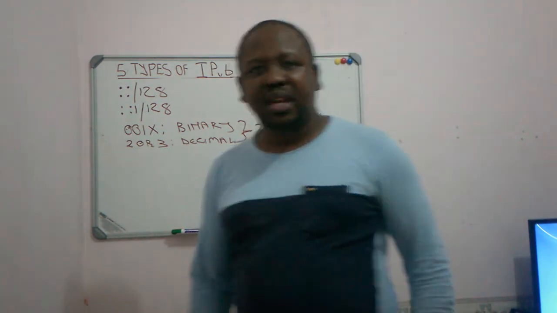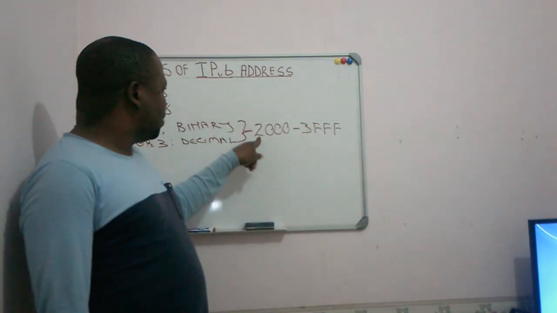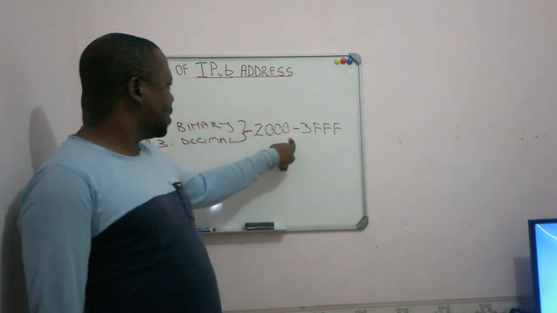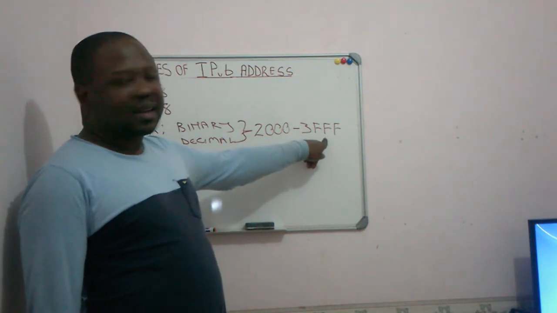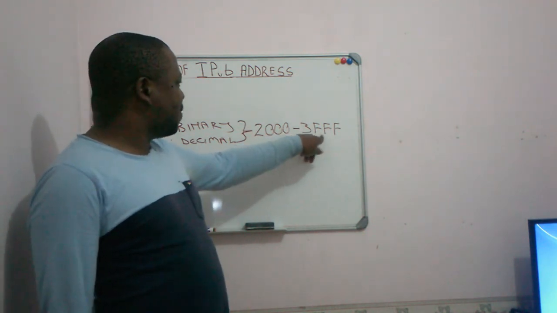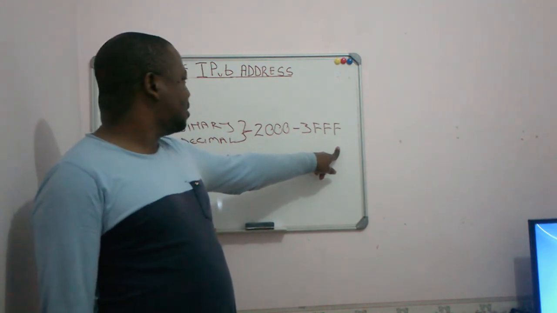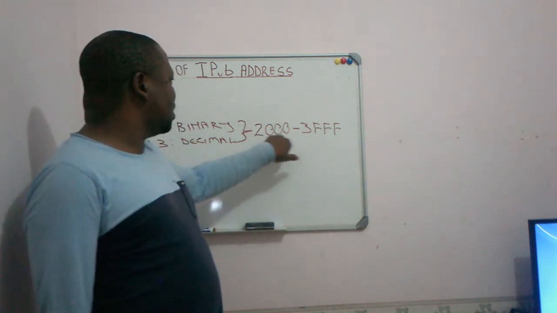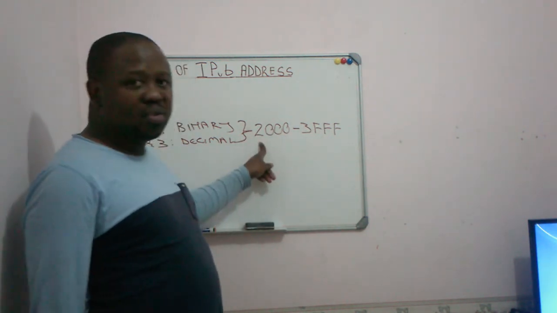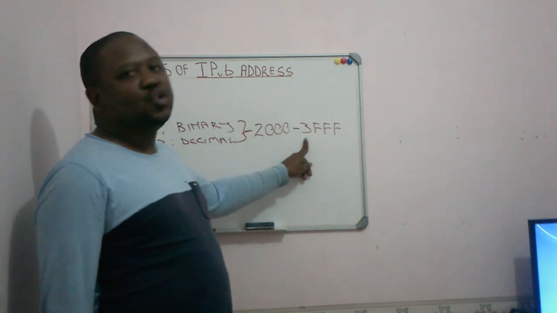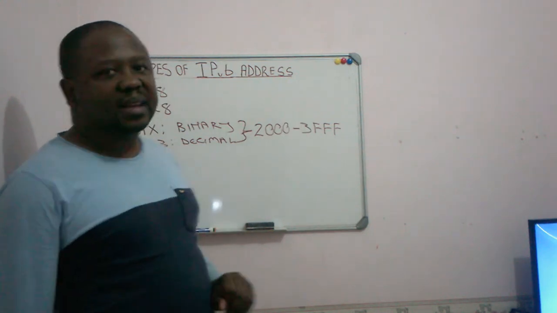Meaning, if you see an address whose first group starts at 2000 and goes up to 3FFF, then you know that is a global address. Even without looking at the other digits, if you see an address starting with a 2 or a 3, then you know that address is a global IPv6 address.